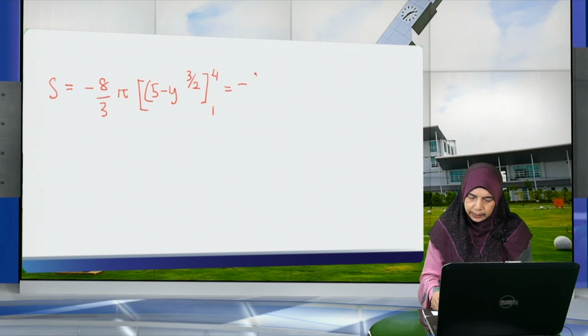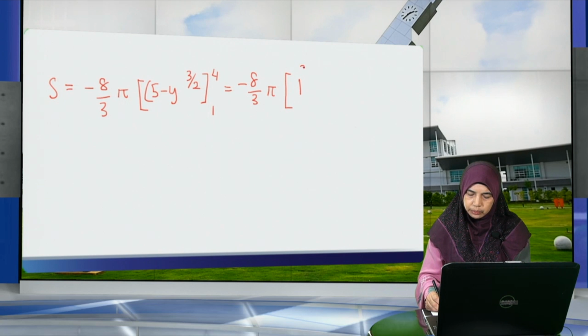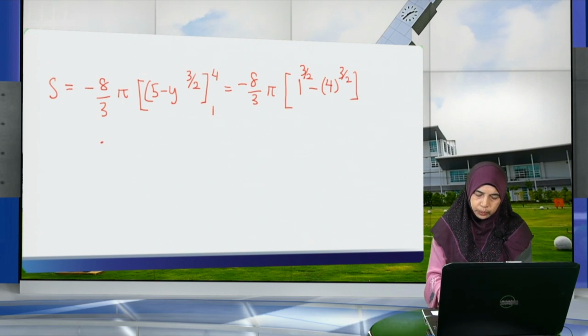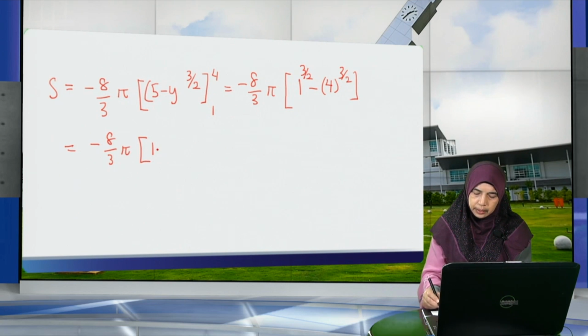We will get minus 8 over 3 pi. We substitute 4 in first. 5 minus 4 will give you 1. So that's 1 to the power of 3 over 2. We minus, now we substitute 1 in, for 5 minus 1 will give you 4 to the power of 3 over 2. But 1 to the power of 3 over 2 is just 1, so we will get minus 8 over 3 pi, and then we have 1.